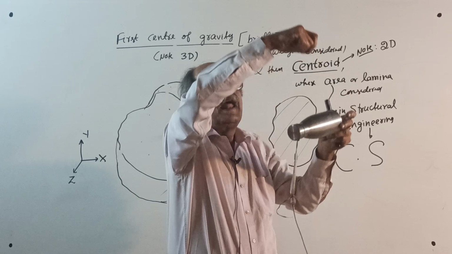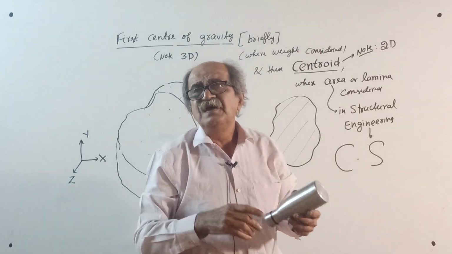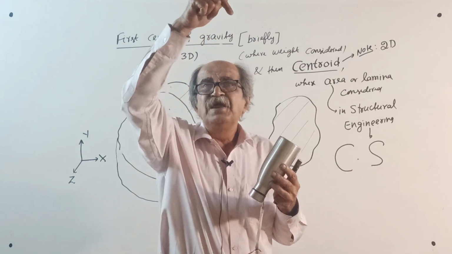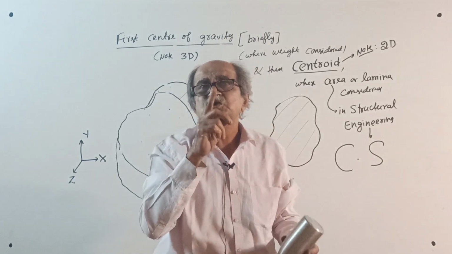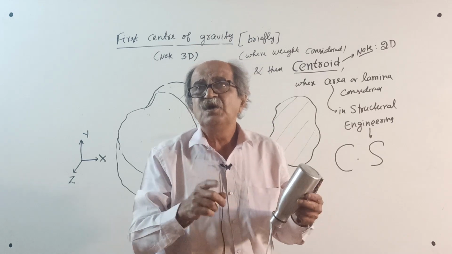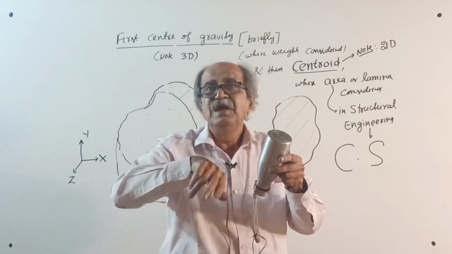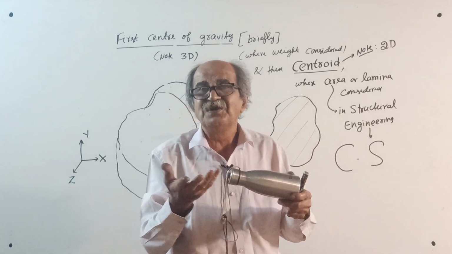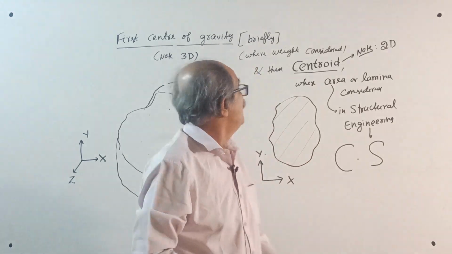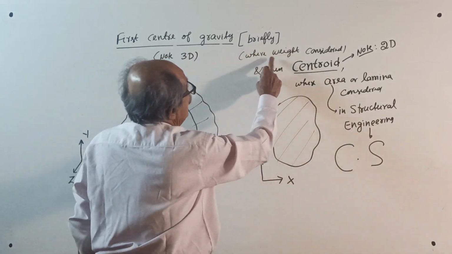Suppose I put a thread here and hang, weight will act like this. In all the cases, any number of cases, the line of action of the total weight will pass through one common point, through which the resultant weight passes. That is called center of gravity. So center of gravity is 3D, where weight is considered.